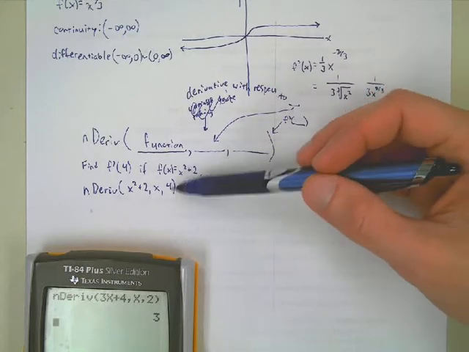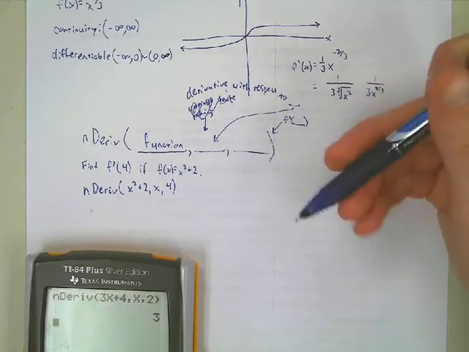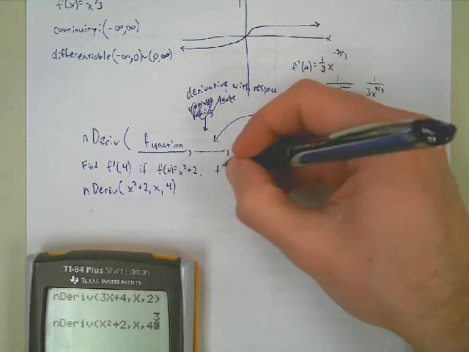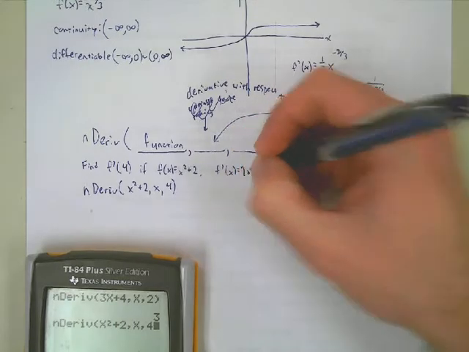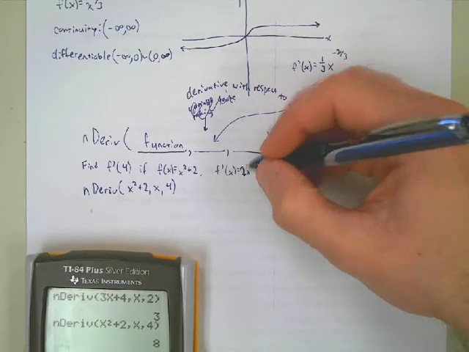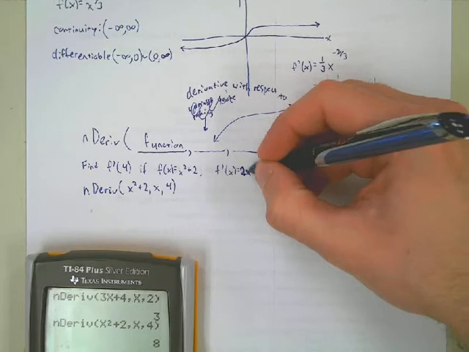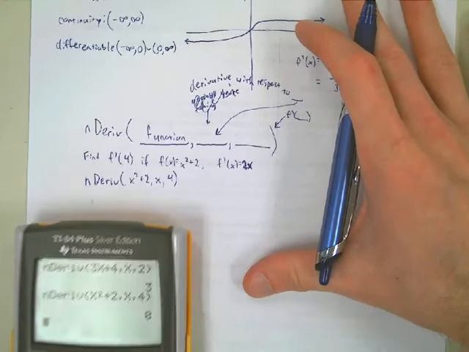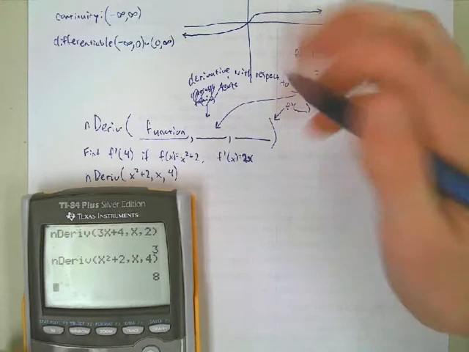So I type in x squared plus 2, x, and then 4. We know our answer should be 8. Yes, and so if we type that in, we get 8.